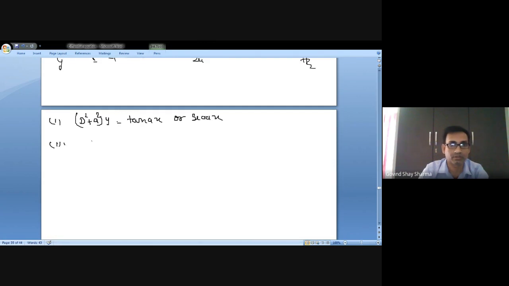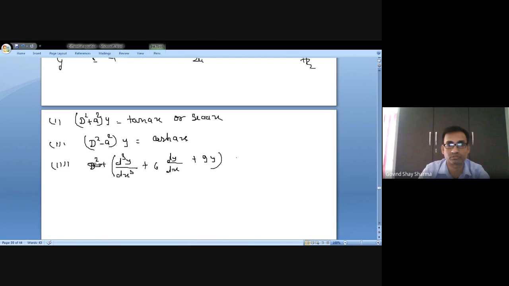Second, (D square minus a square) y with hyperbolic functions. Third, some questions like d cube y by dx cube plus 6 dy upon dx plus 9y. This type of question also has importance.